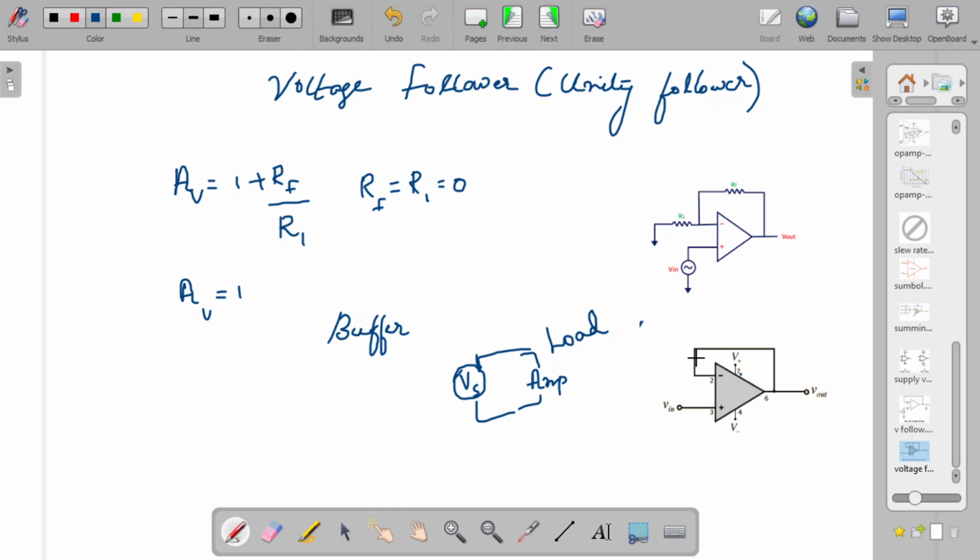So in that case, if you connect a buffer amplifier in between, what happens?